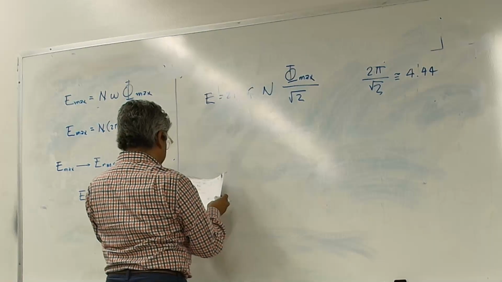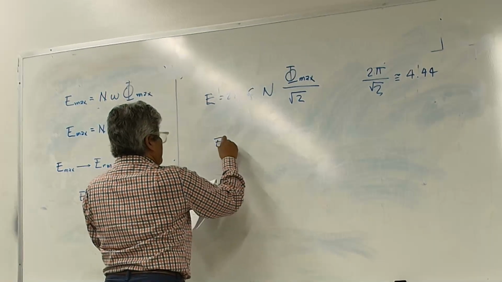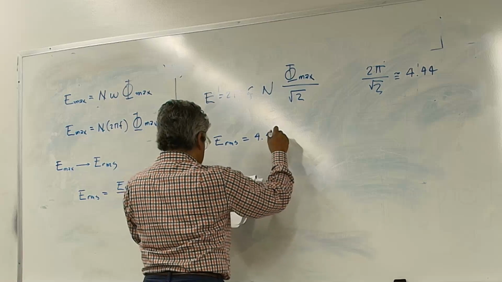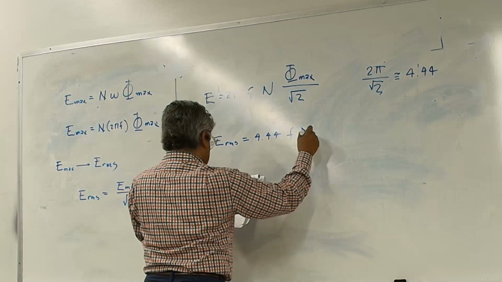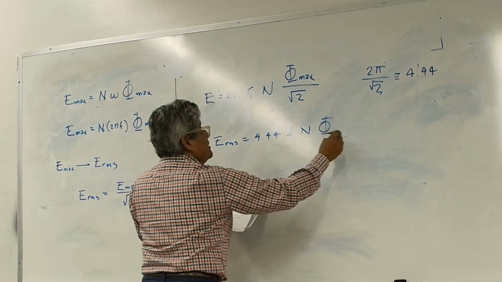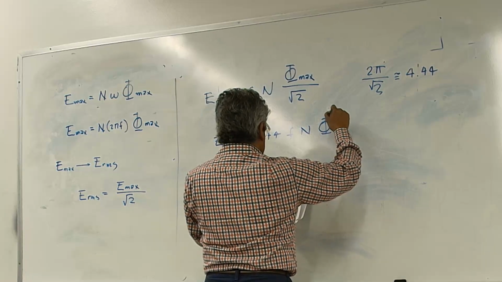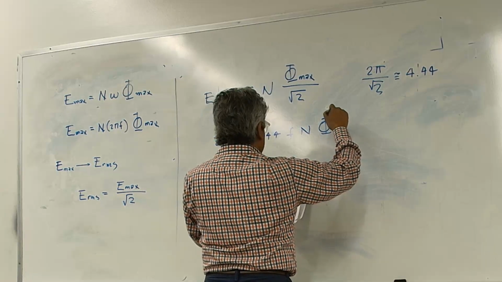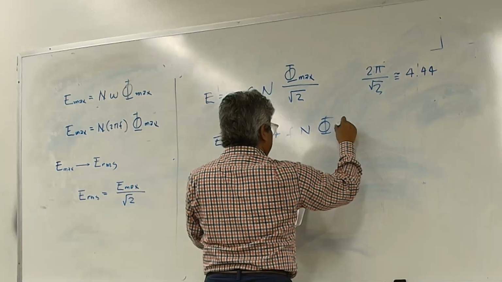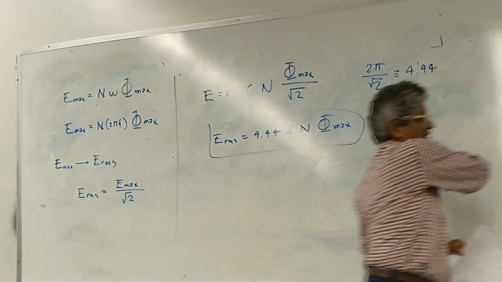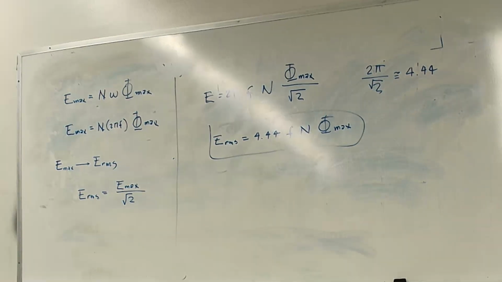That then becomes E RMS equals 4.44 f N phi max. Oh, I see, that's where it comes from. That's the equation. I derived it. I did this before deriving the equation, but do you see where it comes from now?